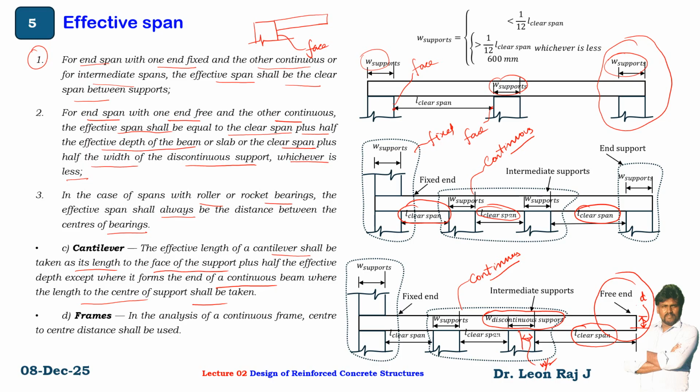In frames, in the analysis of a continuous frame, center to center distance shall be used. In some cases, if the scenario is very complex, the best thing is the center to center distance.